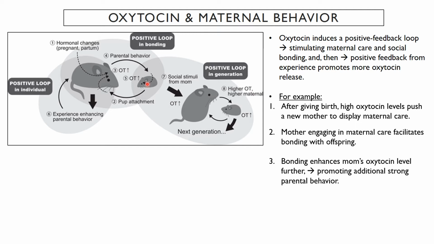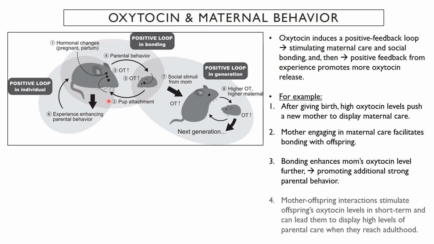The pup then shows affiliative attachment behaviors to the mother, and this ends up creating a bond. This touching and nursing behavior induces stimulation of oxytocin within the mother. So now more and more oxytocin is being released in the mother, which stimulates more parental behavior, and you end up with this positive feedback loop.